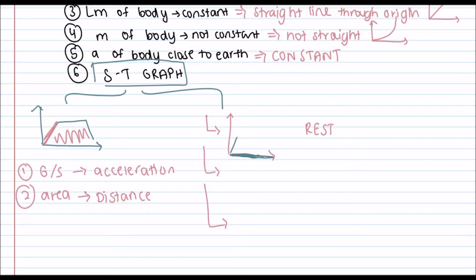So let's say it comes up, goes at rest, but no, over here it's not at rest. If this is an ST graph, when it's horizontal, it's a constant speed. And then when it comes down and decelerates, it reaches the x-axis, that's when it's at rest.